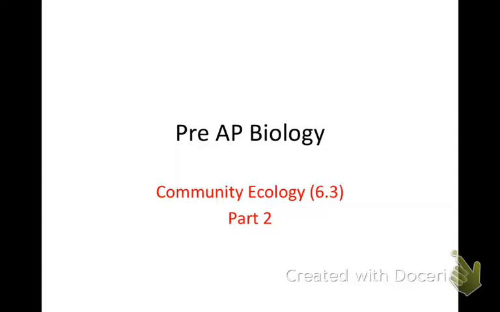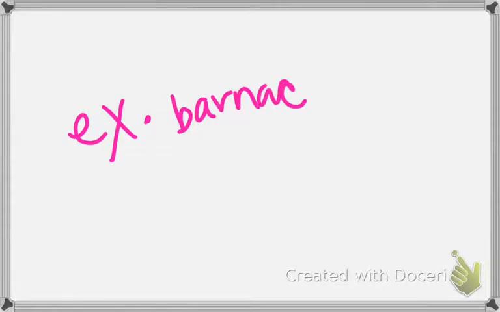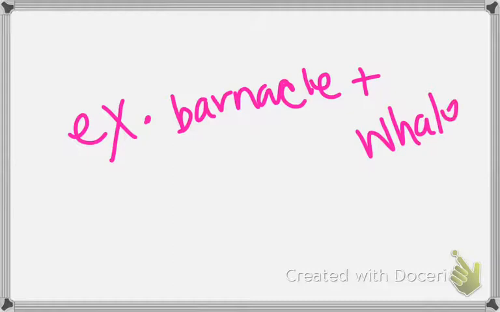And then commensalism, please highlight that it's a positive neutral relationship. Because there's a positive effect, but the other organism is not affected. And an example of that, let's put an example before we move on to part 2, would be barnacles plus a whale.